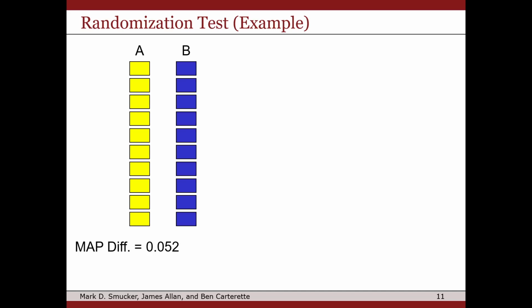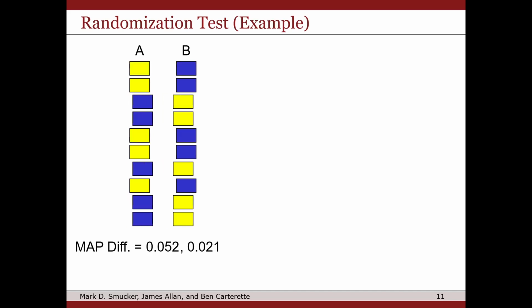Well, it could be the mean average difference in the mean average precisions, because the average of all the per-topic differences in average precision is the same as taking the two mean average precisions and taking their difference. So anyway, we randomly shuffle them, and we record again the value of our test statistic. And this time it's only 0.021.